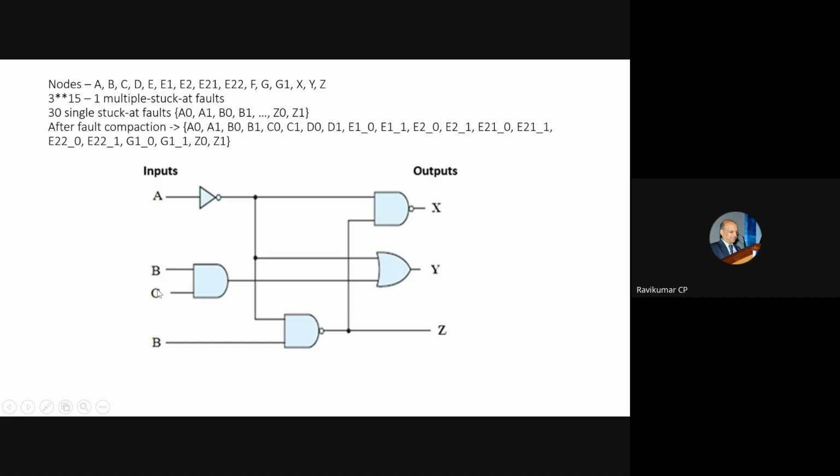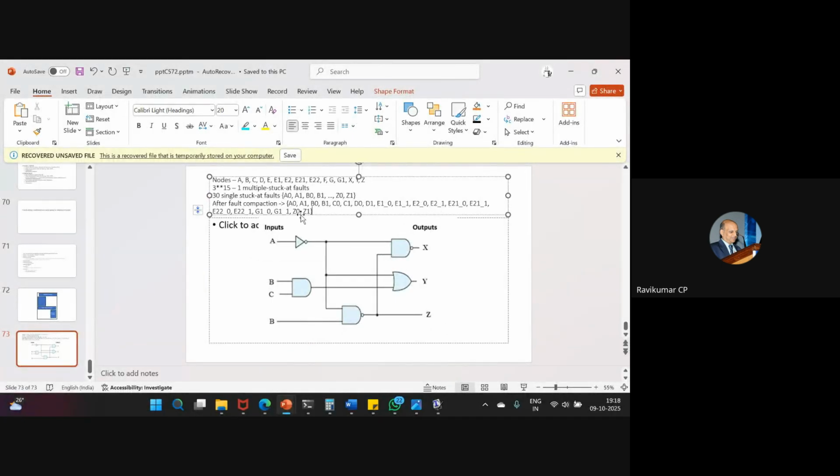So we will never be able to tell whether B0 has occurred or C0 has occurred. Correct, no? If B0 occurs, the output of the AND gate will be 0. If C0 occurs also, it will be 0. Right? So we don't need to differentiate between B0 and C0. It doesn't matter. So we call those equivalent faults. So we can reduce one of them. We can remove this. Okay. So we can get rid of this.